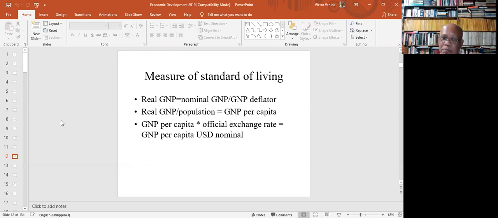And it is the GNP per capita data that the World Bank uses to establish income classes. So countries with GNP per capita above a certain level would be classified as high income countries. Then there are those from this income level to this income level, which are upper middle income countries. Then you have another, the lower middle income countries. Then you have finally here, the low income countries.